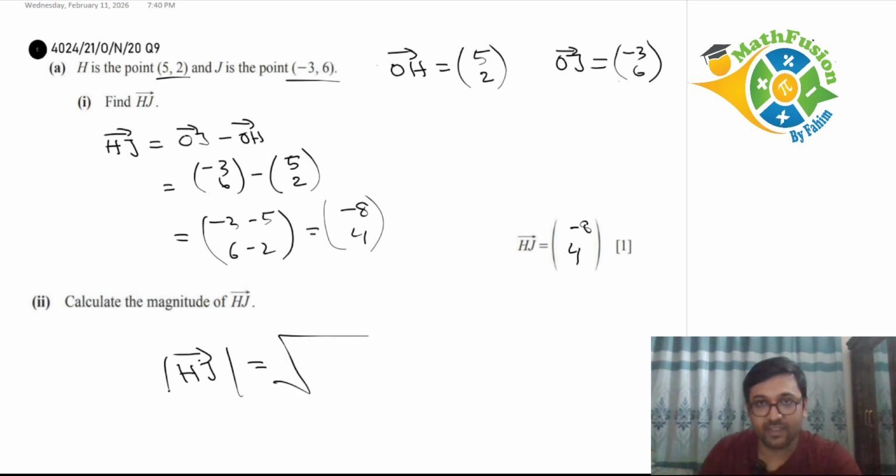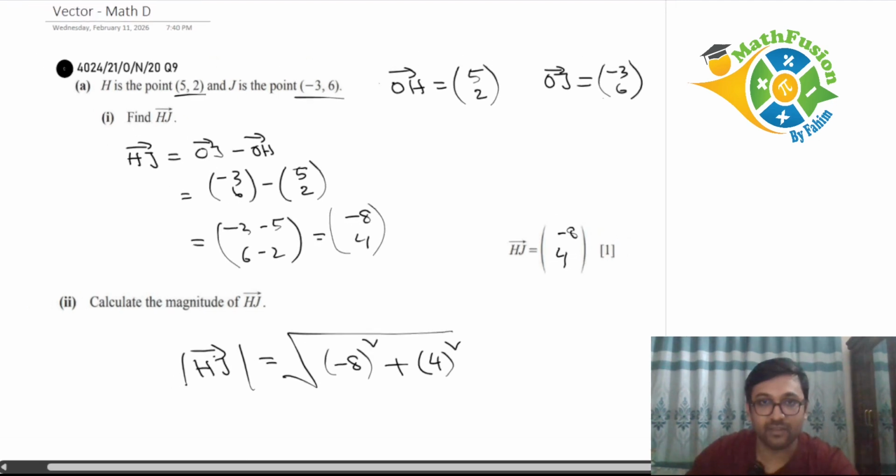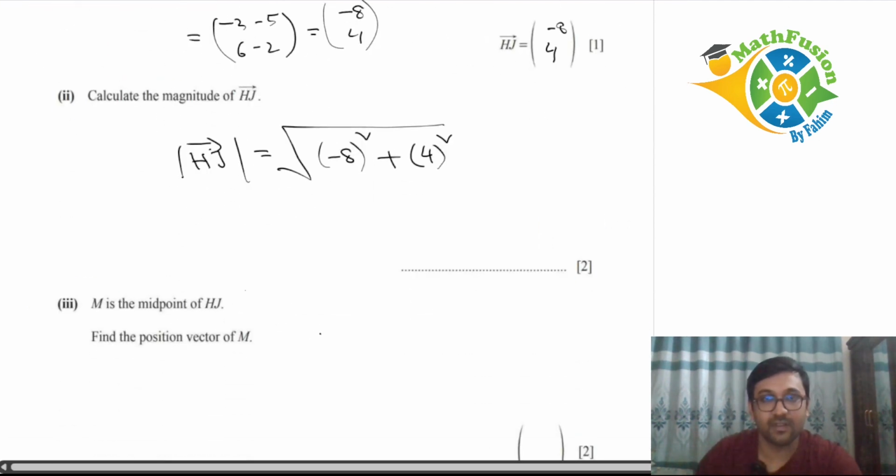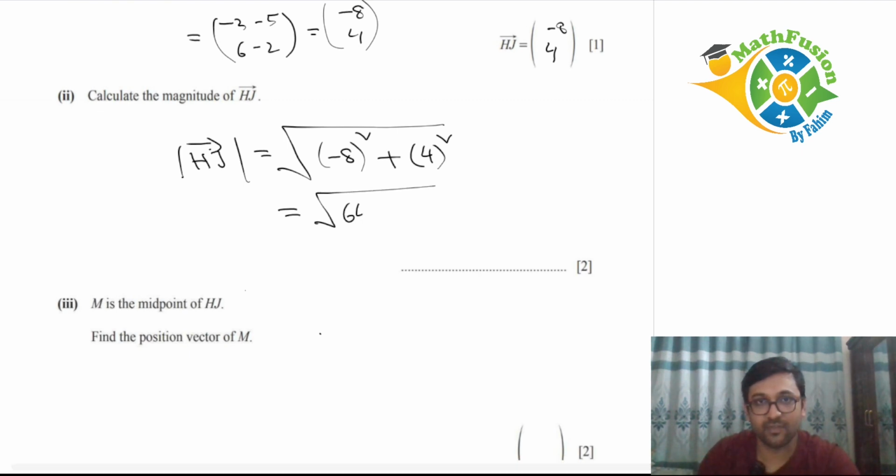The modulus is nothing but the square of x, which is (-8) squared, and the square of y, 4 squared, and take their root. So it becomes root over 64 plus 16, which is root 80.